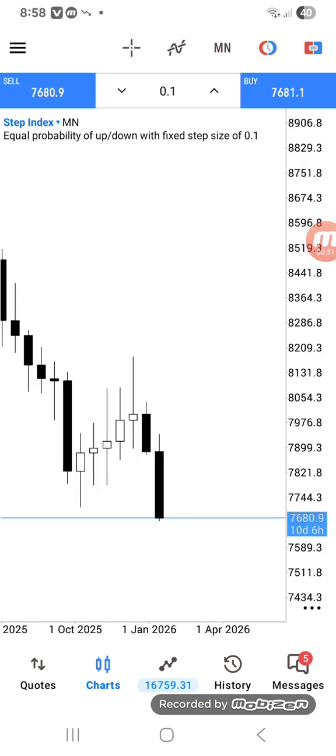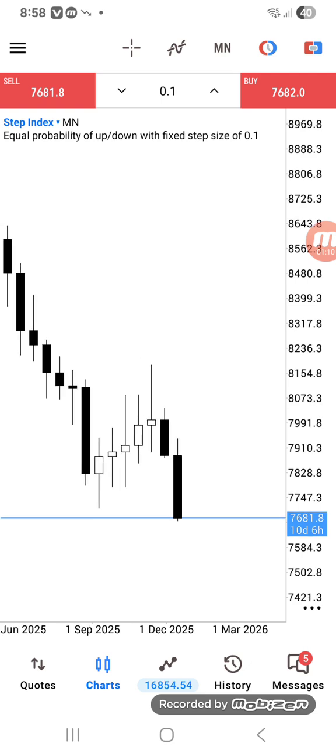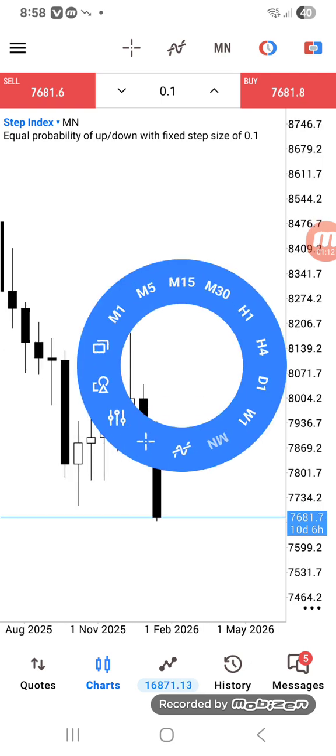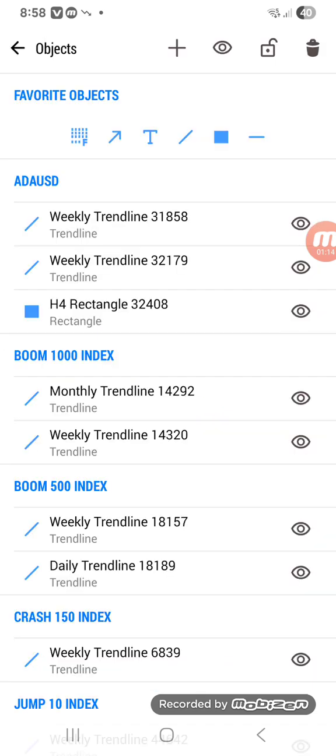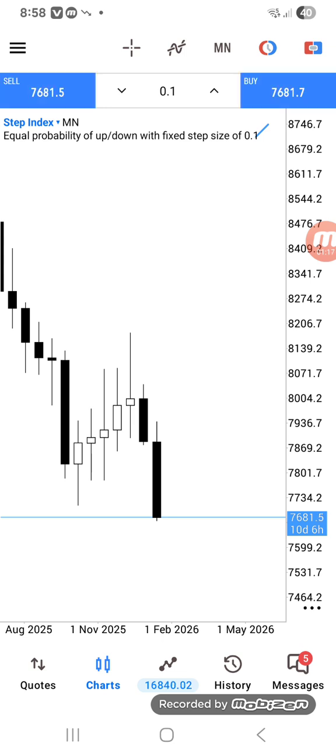Now for those who know Malaysian SNR, as you can see here, we have a fresh level that was actually rejected on the monthly time frame. We are going to discuss more about Malaysian SNR later.